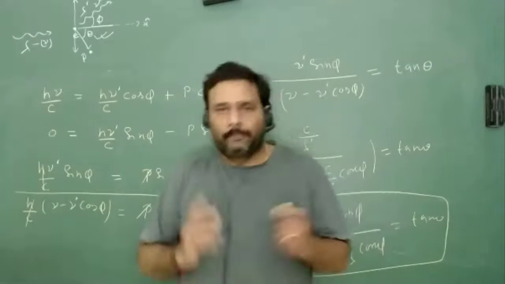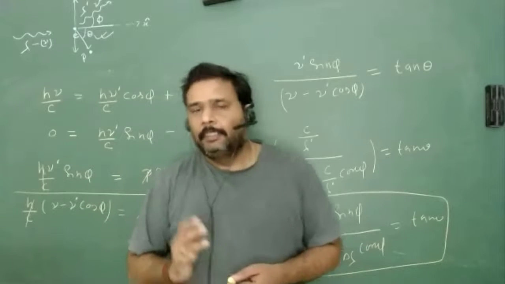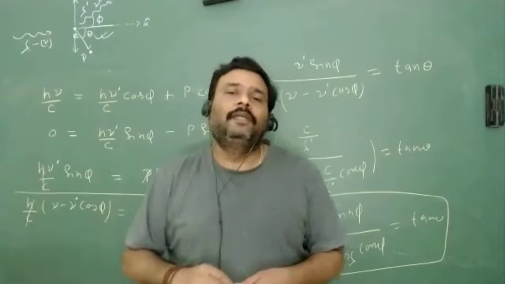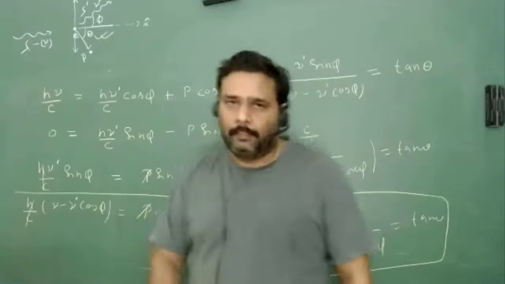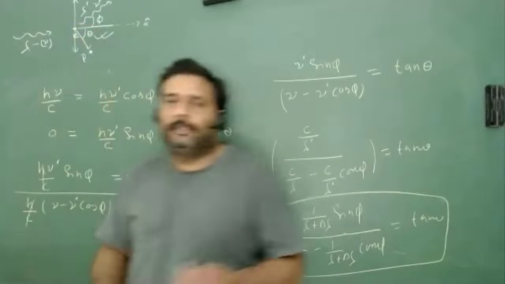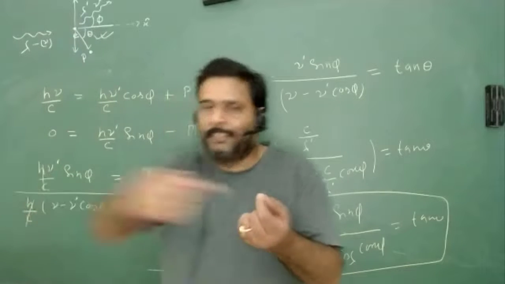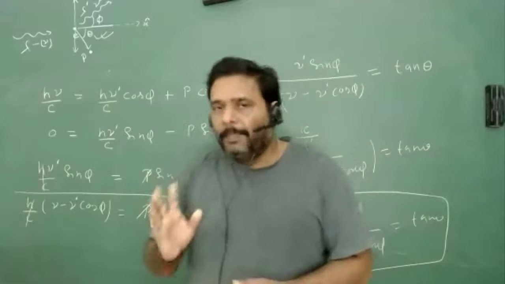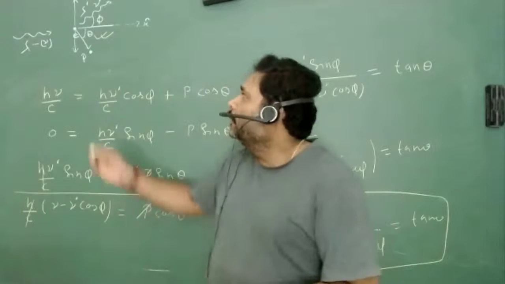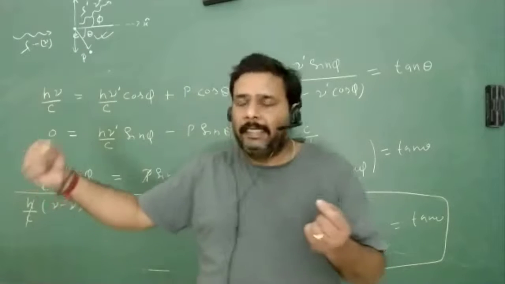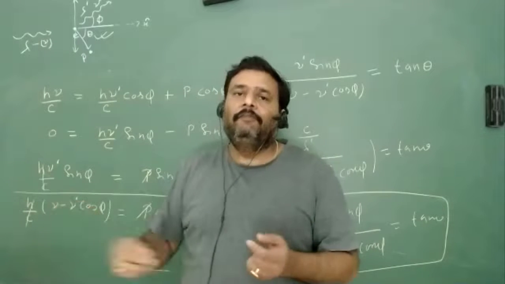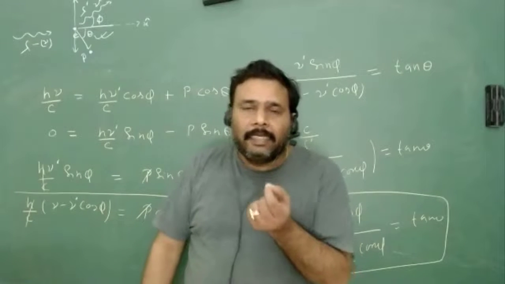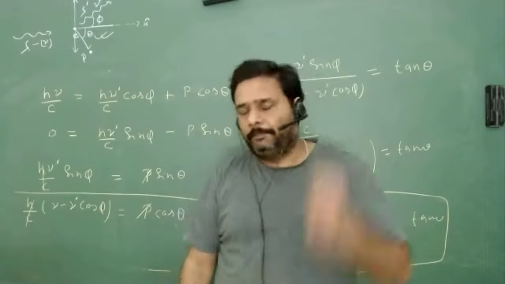Now, there are some questions. Let me ask myself the questions and then I will give you the answers. What is the meaning of a free electron? Because it is very difficult to find a free electron and scatter it. The meaning of free electron is that here the energy of the X-ray is very, very high compared to the ionization energy of the electron from the atom.